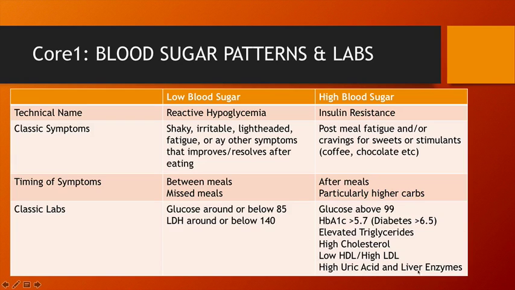Now, some standard lab findings, and I don't want to bore you with details and numbers, but blood sugar tends to be high. This is fasting blood sugar. There's another marker called hemoglobin A1C that goes up. And again, we'll take a look in your labs to see if this is true or not. But as insulin resistance gets worse, then it starts to change your cholesterol or your lipid panel.